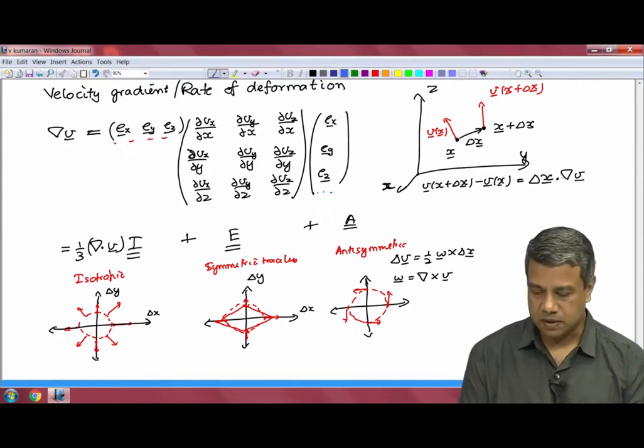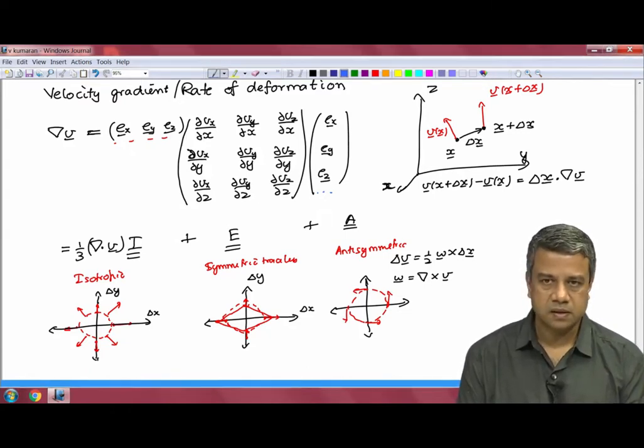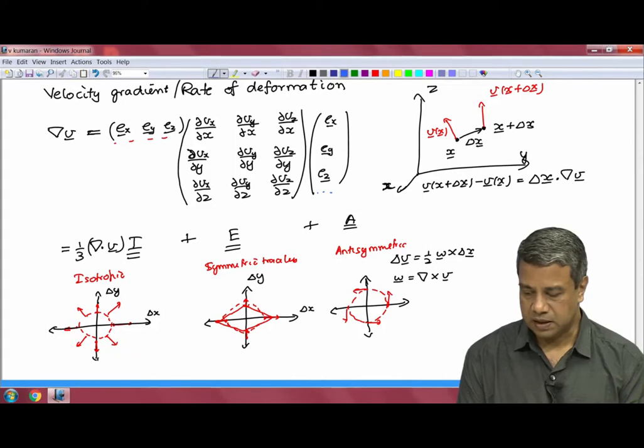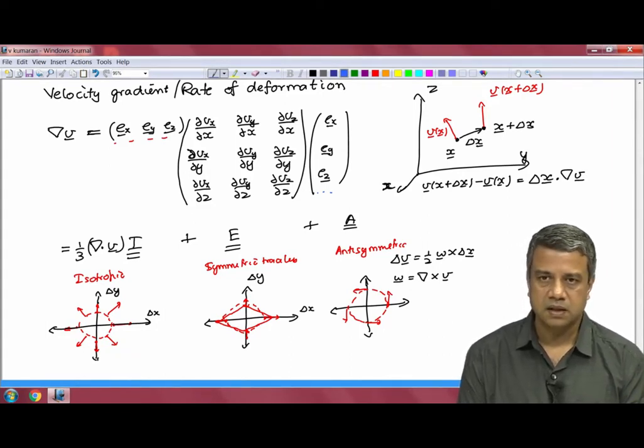The symmetric traceless component, which is extensional strain: expansion along one axis, compression along the perpendicular axis, no net change in volume and no rotation of the axis. In 3 dimensions, the sum of the rates of expansion and compression, that is the sum of the eigenvalues, is 0, and you could have expansion in one or two directions, compression in the others, and possibly no deformation along one direction.